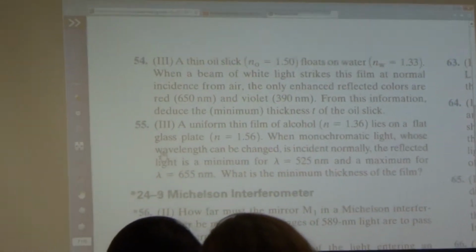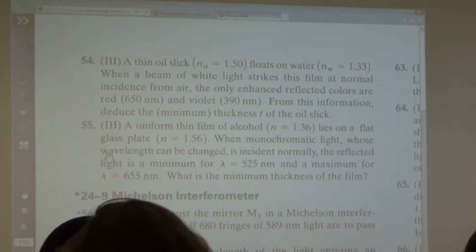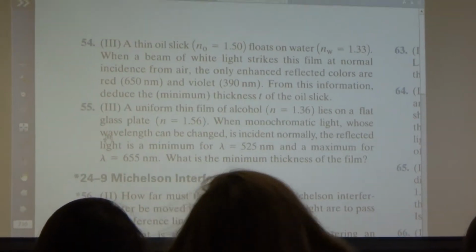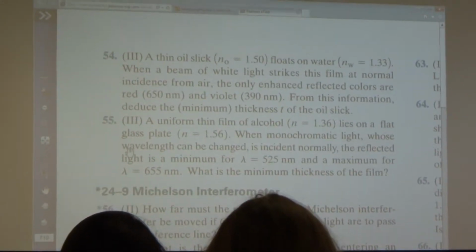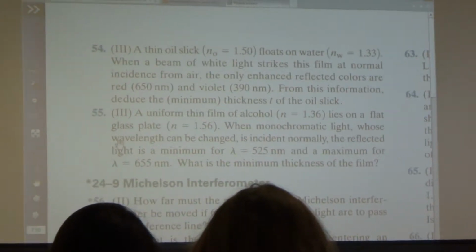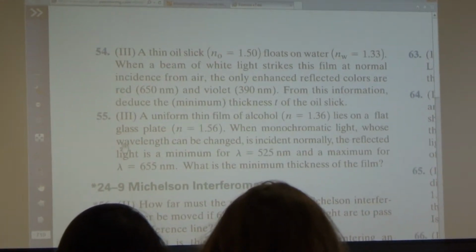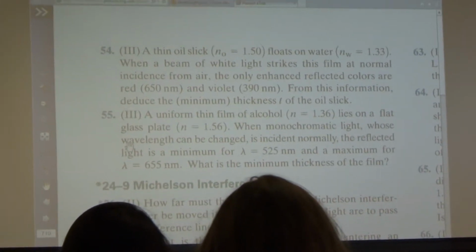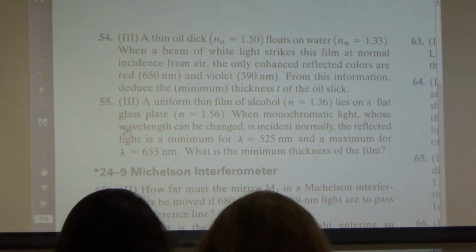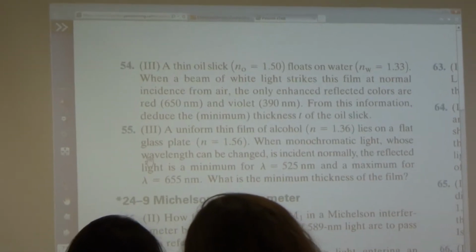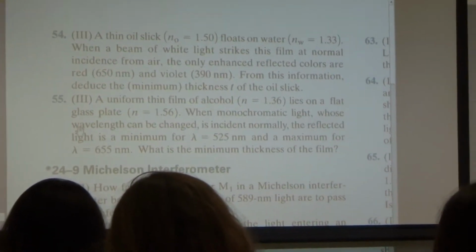When a beam of white light strikes normally incident from air on that oil slick, the only enhanced reflected colors are red and violet. From this information, we find the minimum thickness of that oil slick. So we need to use the condition for constructive interference on that film.